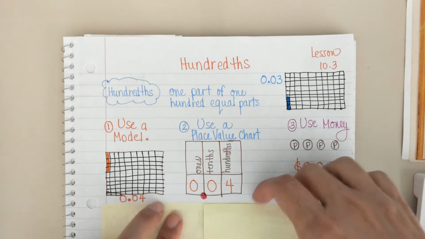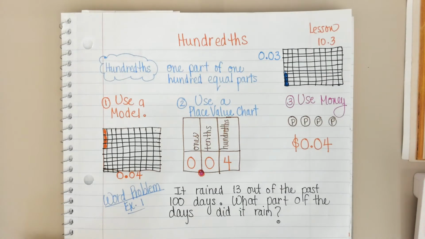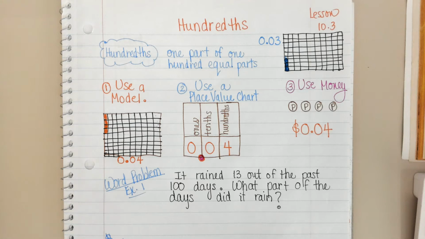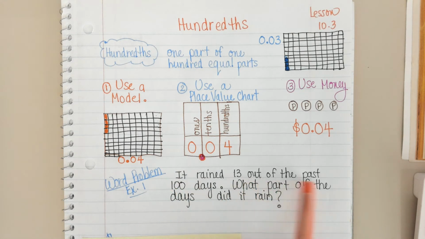Okay, let's move on to an example with the word problem. And the word problem says that it rained 13 out of the past 100 days. What part of the days did it rain? Since today's lesson is hundredths, then I need to make my model with 100 parts.